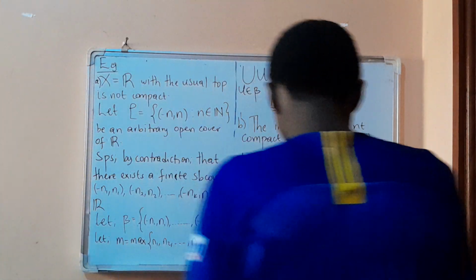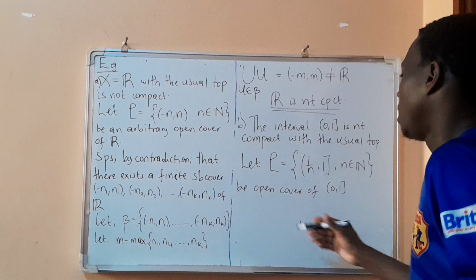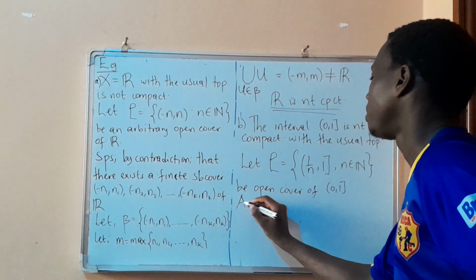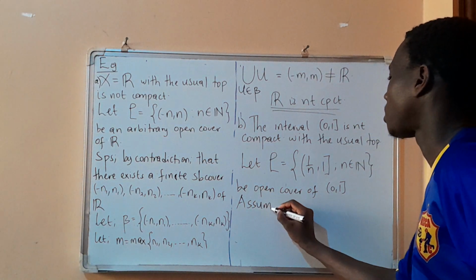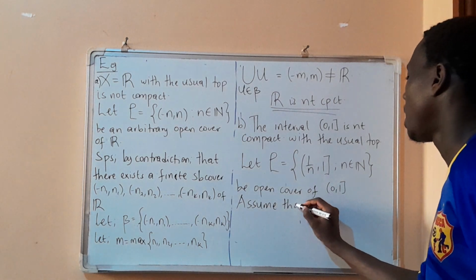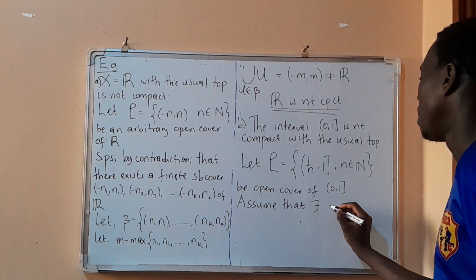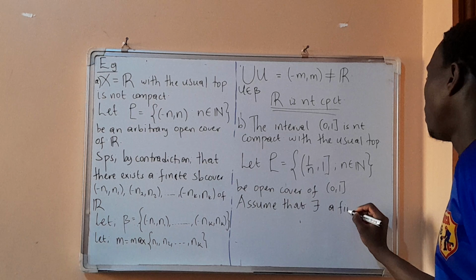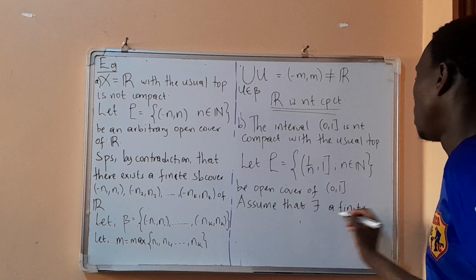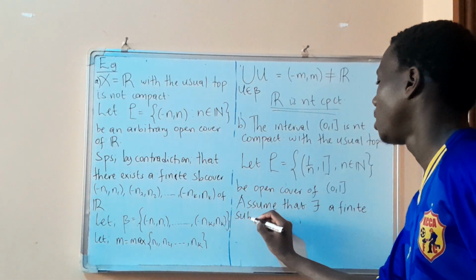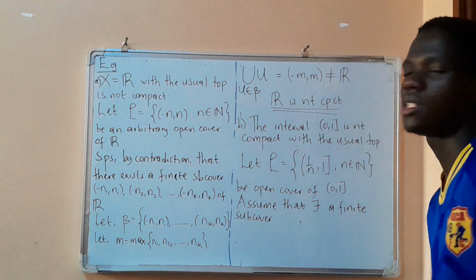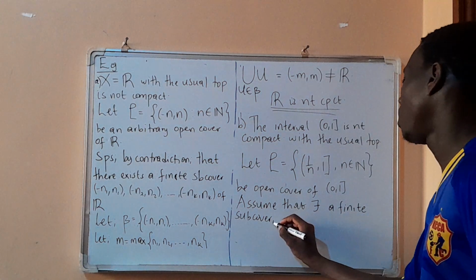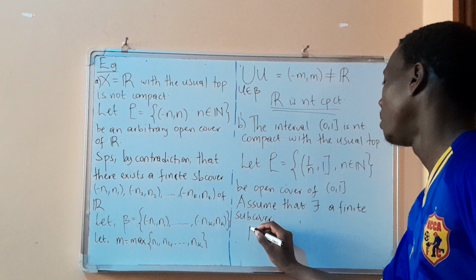So we are going to suppose to the contrary, assume that there exists a finite subcover, which I can call beta.